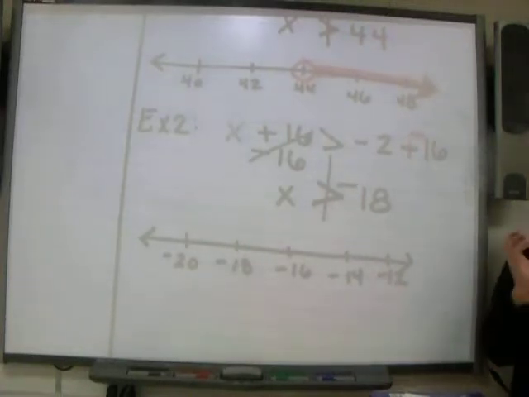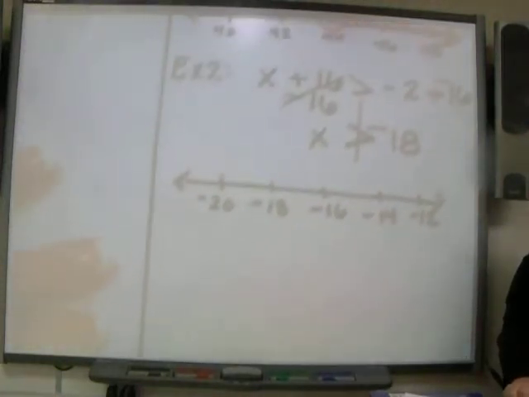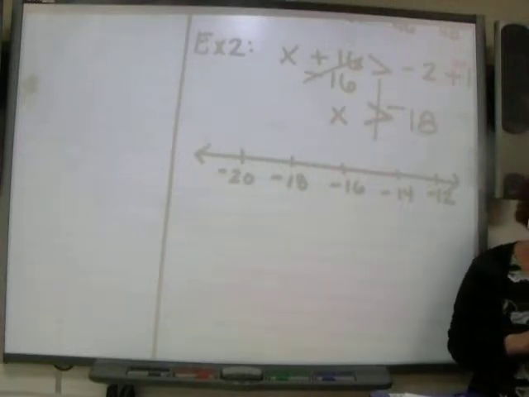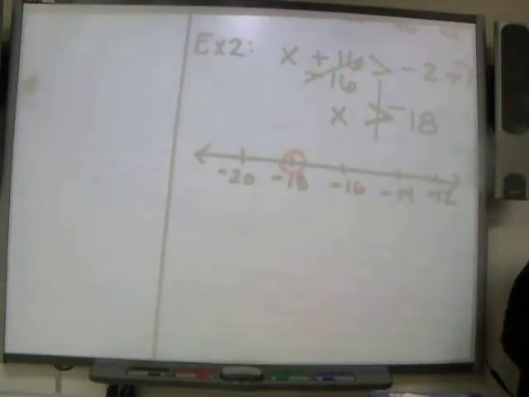Again, you have to have just a section of the number line, as long as the number that you need is on there. However you make it is fine. So, we put our circle around negative 18. Is negative 18 included?